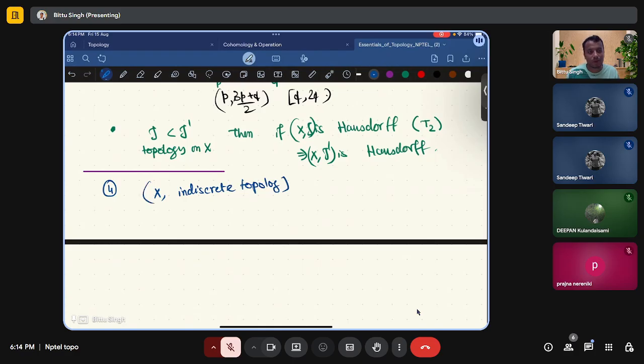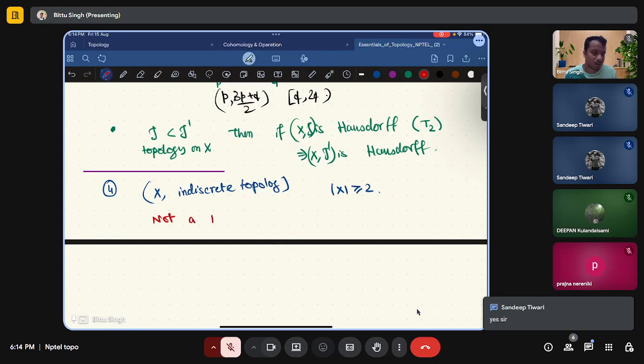Suppose X has more than one point, that is, the cardinality of X is at least 2. Then can we see that it cannot be Hausdorff? Can you see that this is not a Hausdorff space?